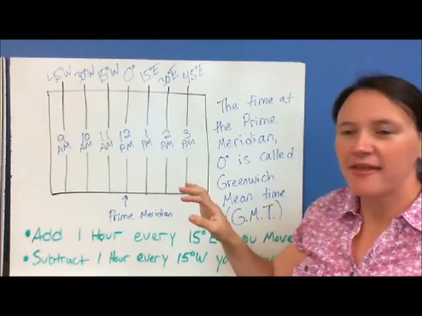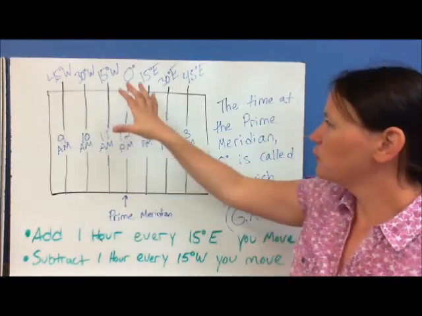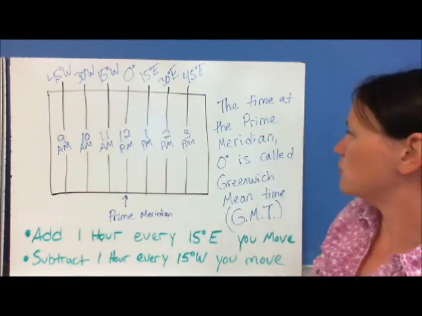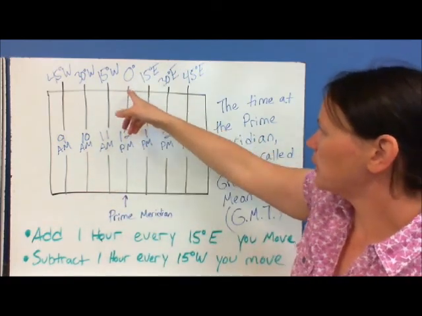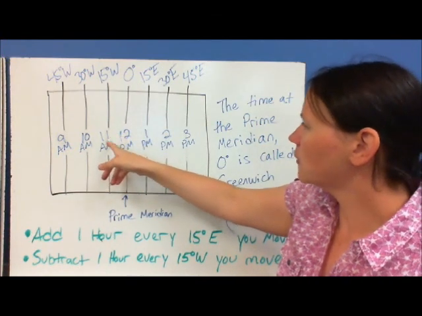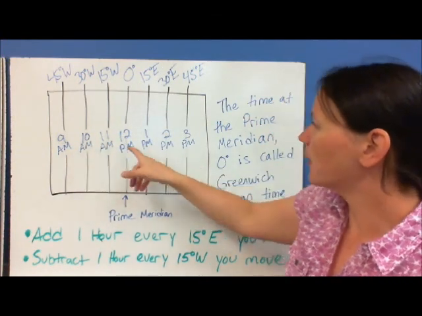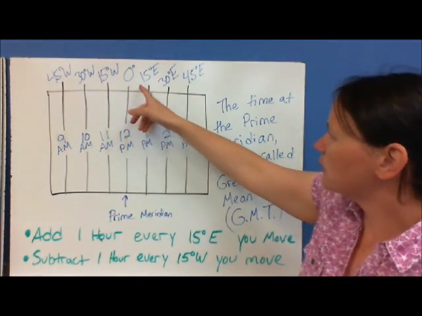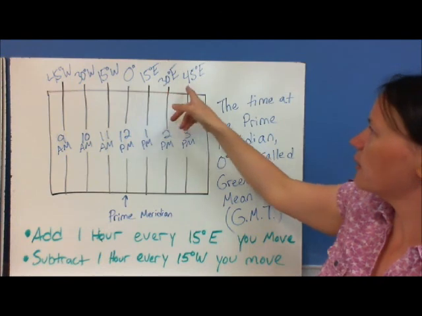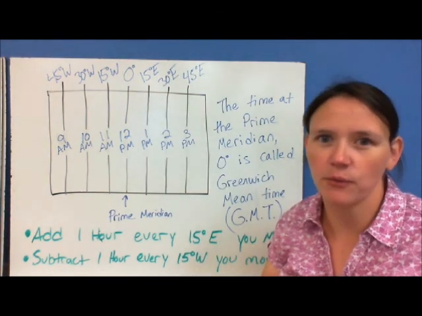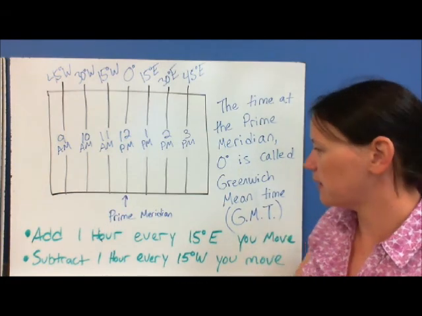Now, if we take a look at this diagram right here, if we're looking at a map of the world and we have these lines of longitude, right here is the prime meridian, 0 degrees, and you can see how the times are changing by 1 hour either direction, and also you can see that it is in increments of 15 degrees, because again, we said each time zone is going to be 15 degrees wide.